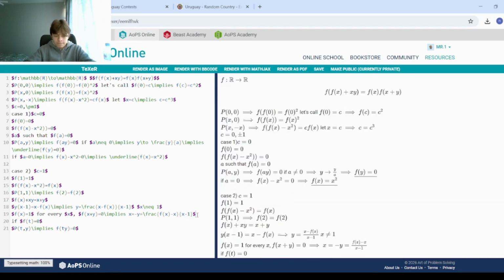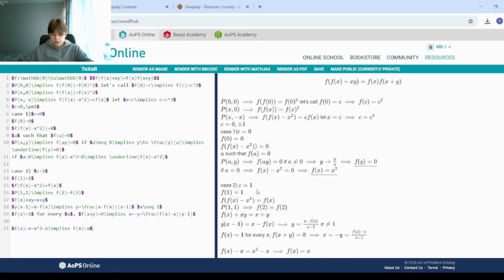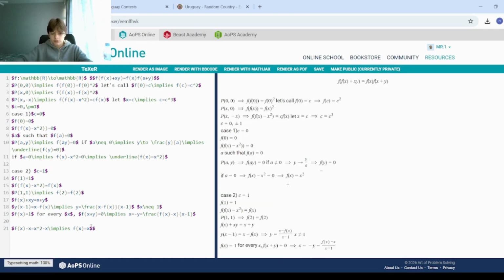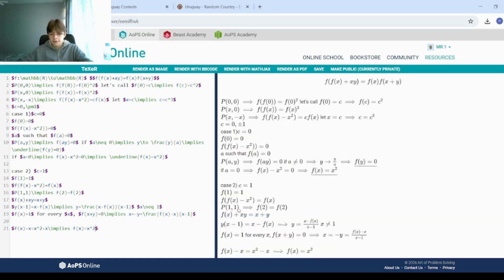Now from here we have that f(x) minus x is equal to x squared minus x, and this means that f(x) is equal to x squared, and we are done with this case.